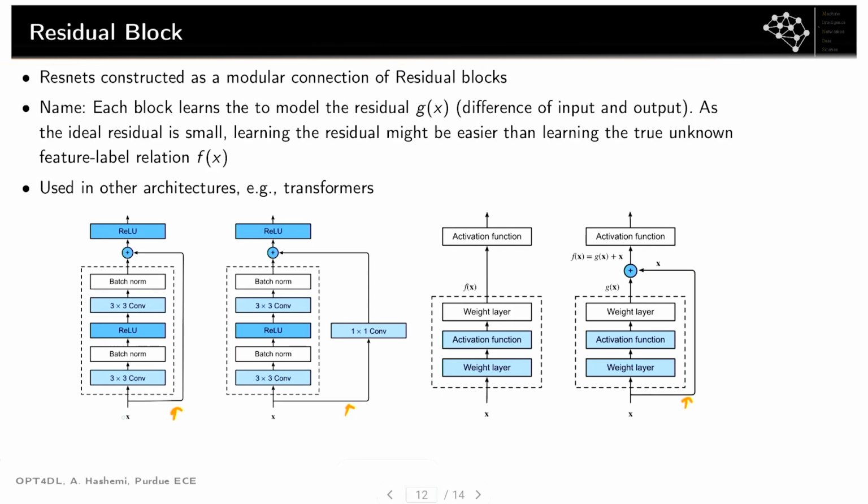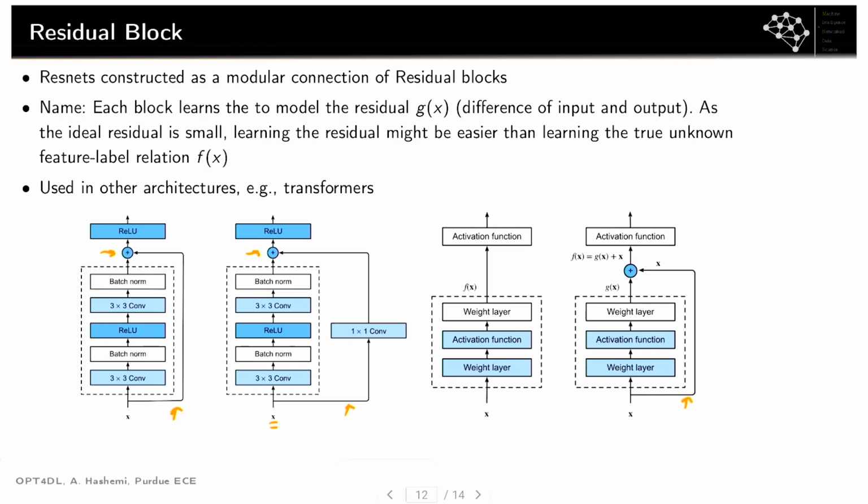In one version, you basically directly connect the input to the output of the block, and then you perform, let's say, some concatenation. On the other hand, you may optionally perform a convolution operation before concatenating the input to the output of the residual block.